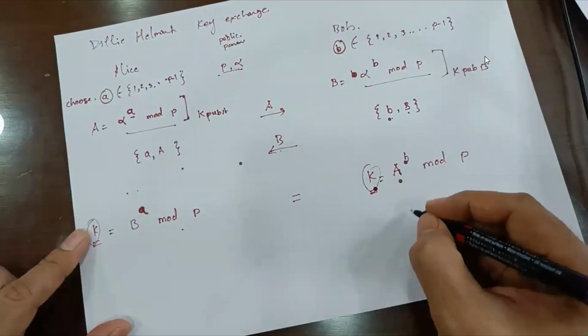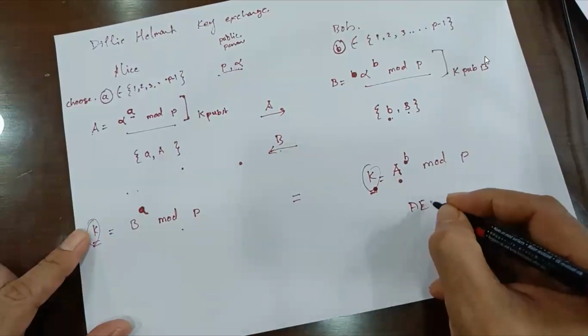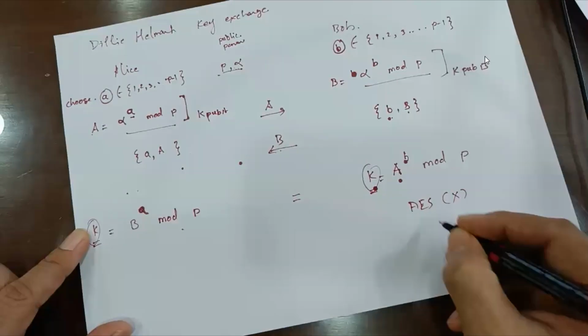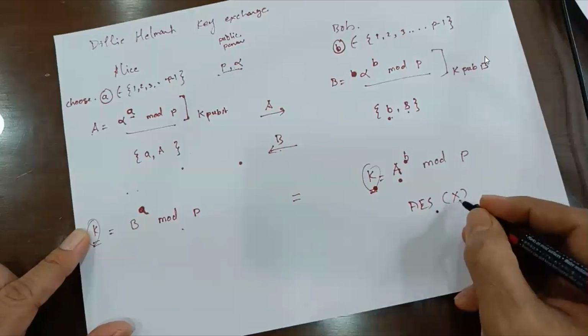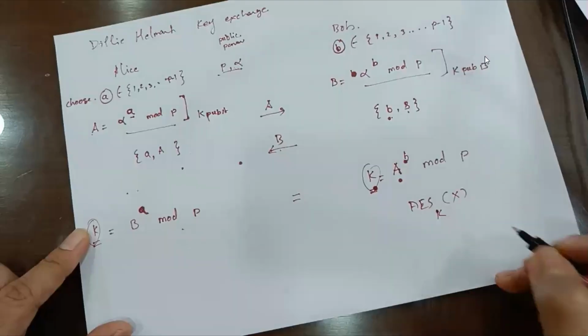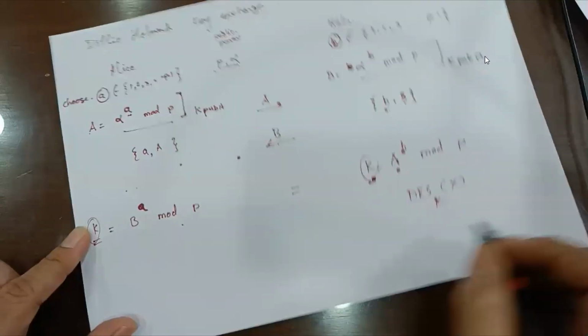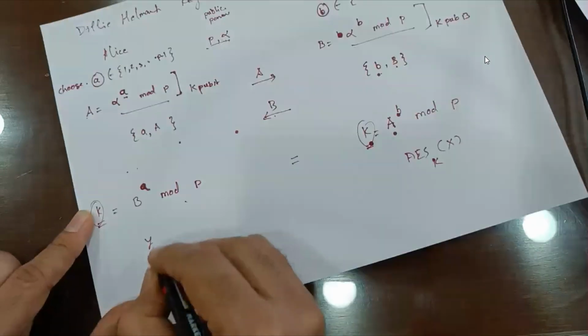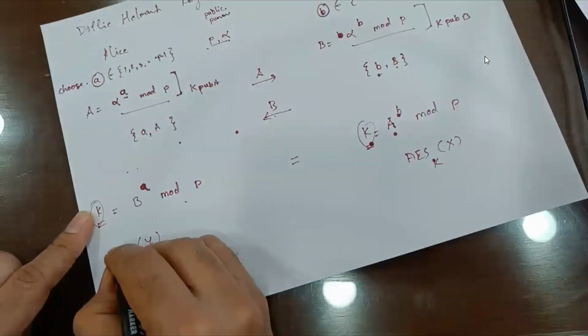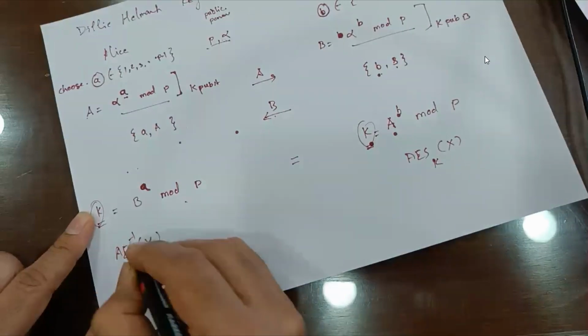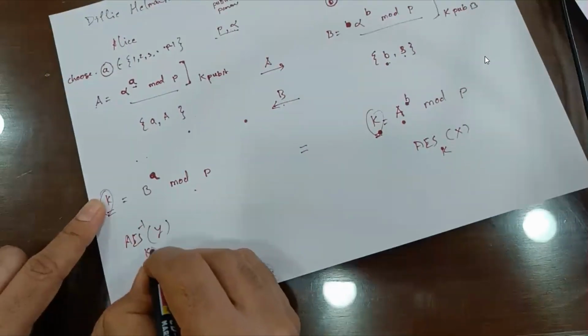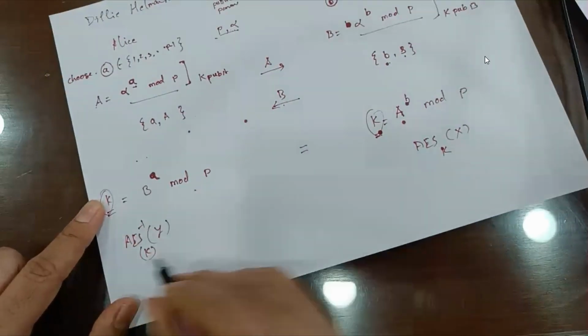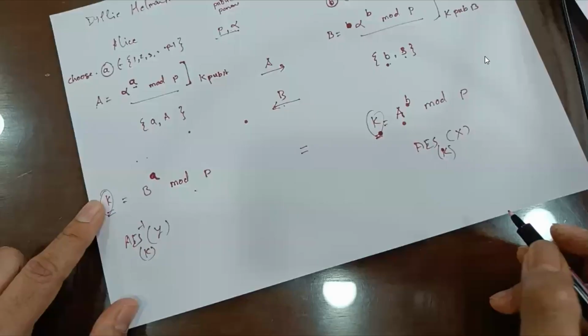for encryption. So you can use AES on sending X, and you can encrypt it with K. Okay, and this guy can decrypt Y with AES inverse, but you'll have to use the same key because AES uses same key at both the ends, right?